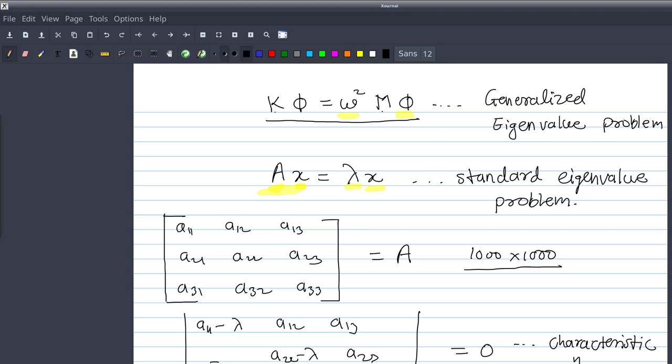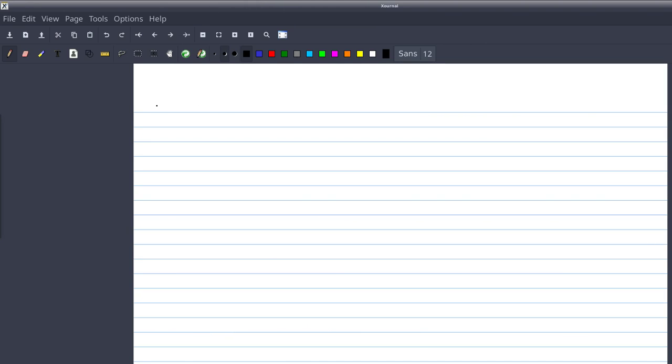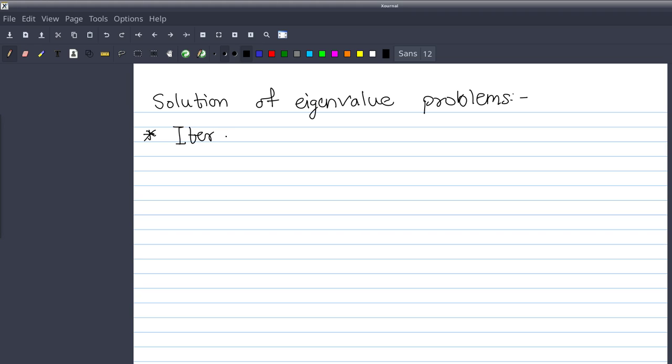Now we will start with the actual discussion about the solution of eigenvalue problems, and the first set of methods that we are going to see are iterative methods. I think that is the only set of methods that we are going to see.